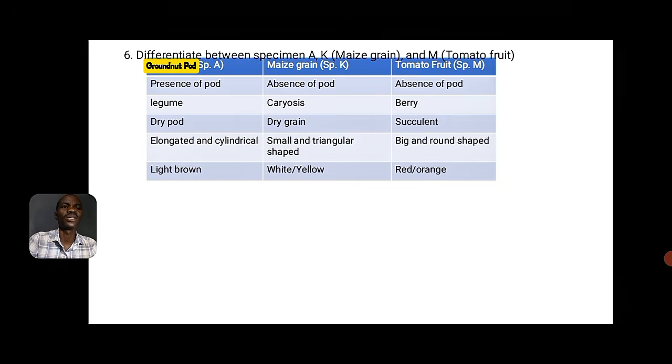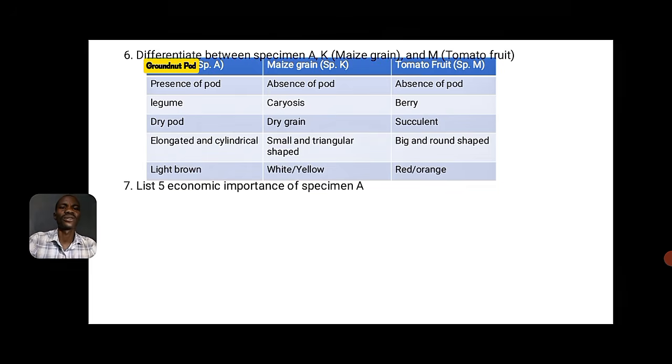For tomato, it is big and round. As for the color, for the bean pod, we have light brown. For maize, it can be white or yellow. And for tomato, it can be red or orange.